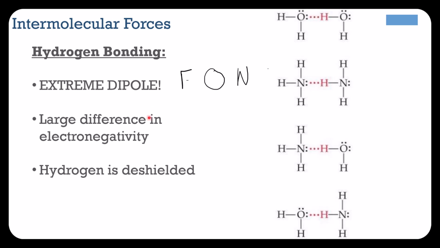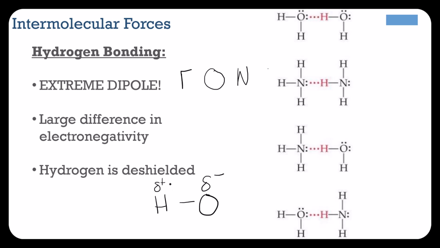When it's in a bond with these other atoms, so let's just put them with oxygen, for example. Oxygen is our big brother, right? He's more electronegative. So oxygen is going to have that partial negative. Hydrogen is going to have that partial positive.